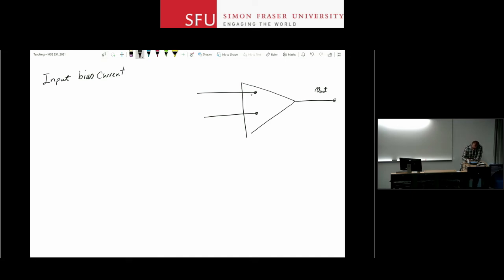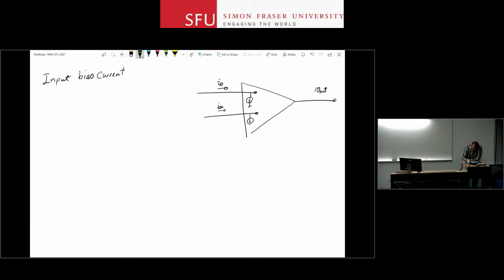So the input bias current for a MOSFET is going to be zero. For the older op-amps, or some of the special high-speed op-amps that you make with BJTs, you get some current that goes into the base terminals of these devices. I just want to be consistent, so it's called IB1 here and IB2 here.